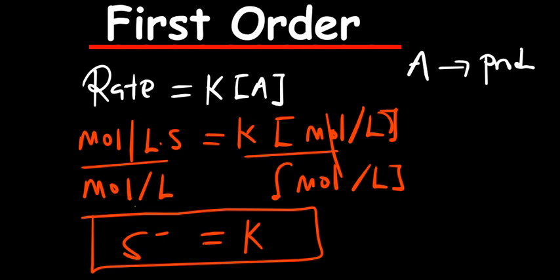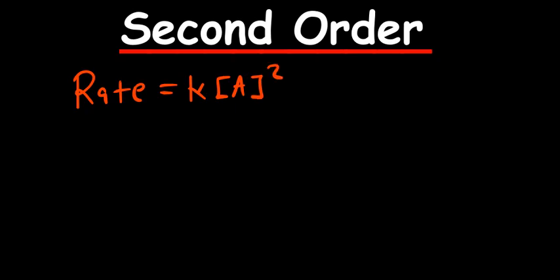Now that we've talked about the first order reaction, what about the second order reaction? The way we find it, we said rate equals K multiplied by A, and in this case A is squared. In a scenario where we had 2A as a reactant, we said because there are 2, you are going to square it.